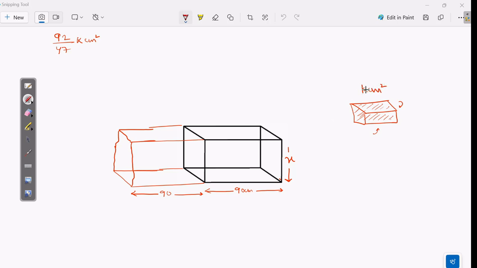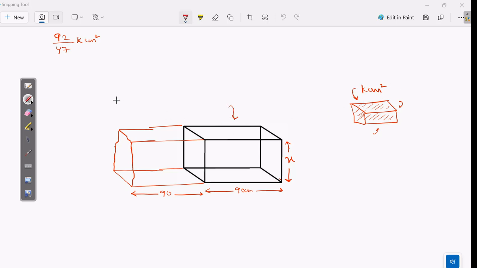So what will be the surface area of two prisms, Anika, if you combine them? The surface area of two prisms is 4HL plus HW plus WL? No, we can do that, but that will only complicate things. They have just given us the surface area of one prism, right?